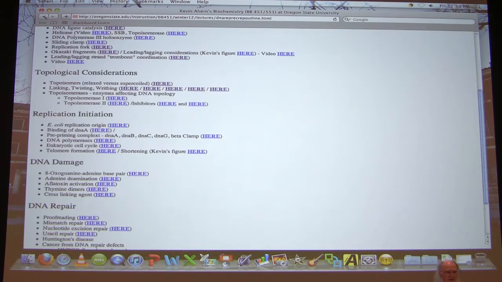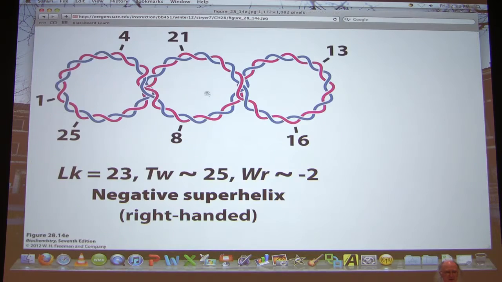It tries to reestablish its balance, and when it does, the twist goes to what made it stable in the first place. The linking number does not change. That means that the writhe had to change.